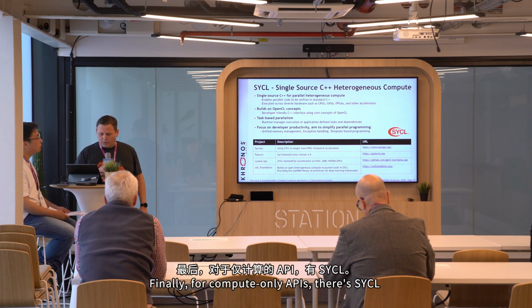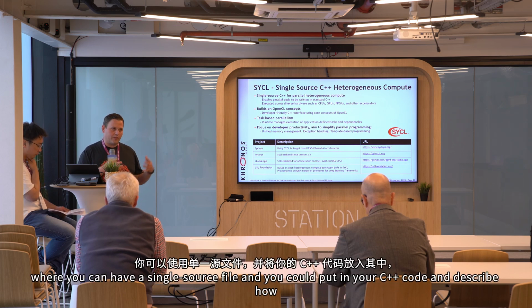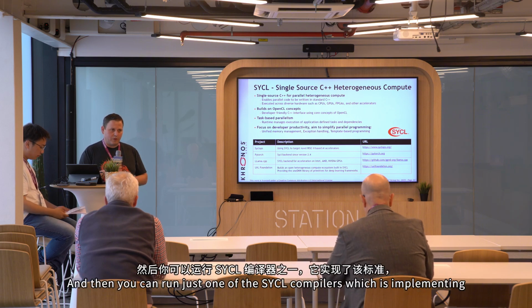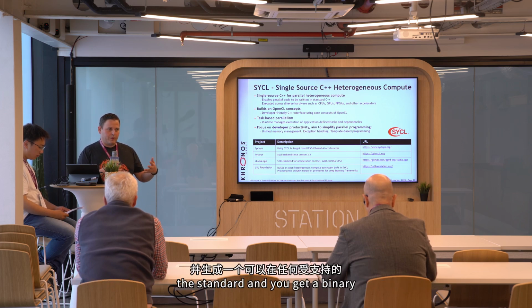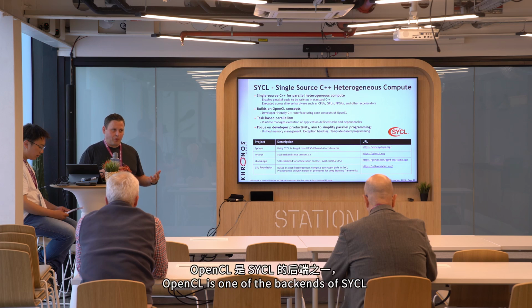Finally, for compute-only APIs, there's SYCL, which is a single-source C++ heterogeneous compute API, where you can have a single source file and you can put in your C++ code and describe how it's being executed. And then you can run this through one of the SYCL compilers which implements the standard, and you get a binary which can then run on any SYCL supported device, or OpenCL is one of the backends of SYCL.